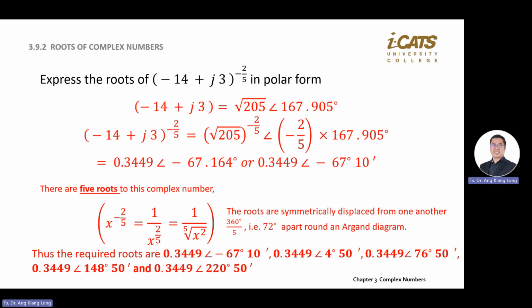If you have square root, not 2, z to the 1/3, then you have 3 answers, 120 degrees each. 120 degrees means you take 360 divided by 3. Fourth means 90 degrees, and so on. Fourth root, you have 90 degrees to each other. Fifth is the one you see in this question.